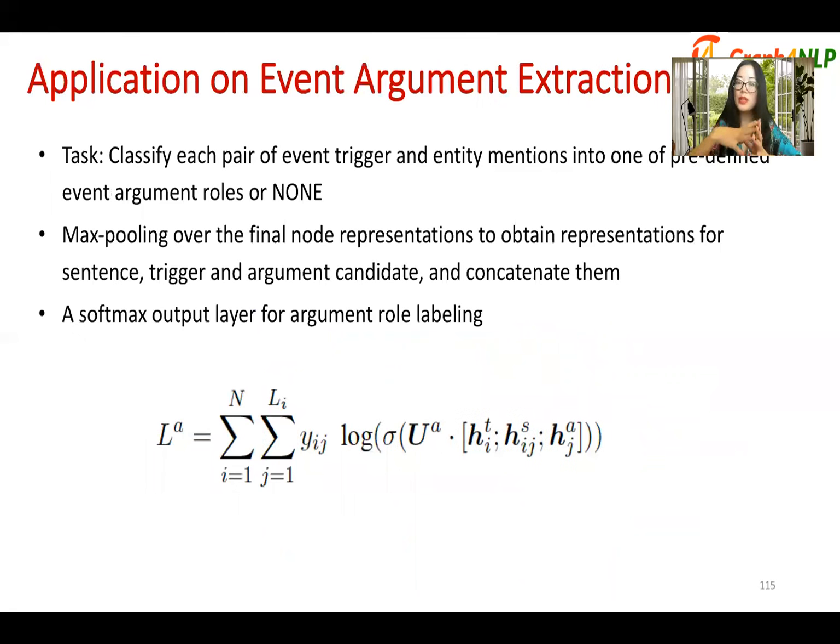To apply this encoding to any kind of graph decoding problem, such as event argument role labeling, we simply look at every pair of trigger and entity mention and classify that link into one of the predefined event argument roles, or not an event argument. So that means we can just take every pair of trigger and entity in the graph and do the classification based on the graph encoding representations.